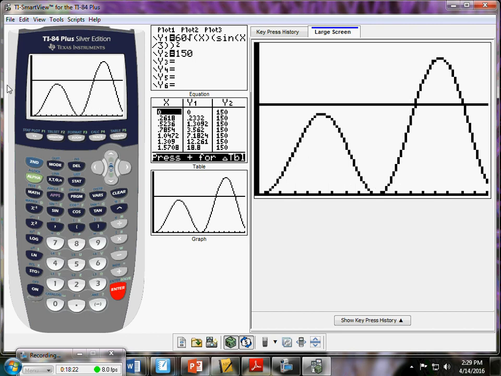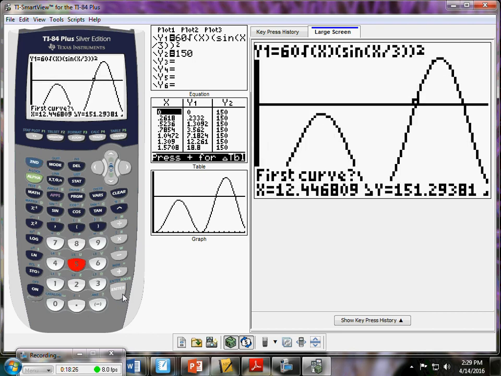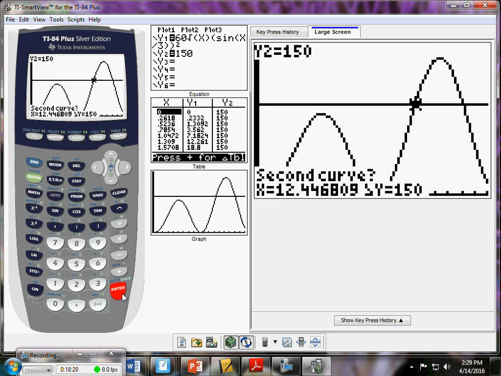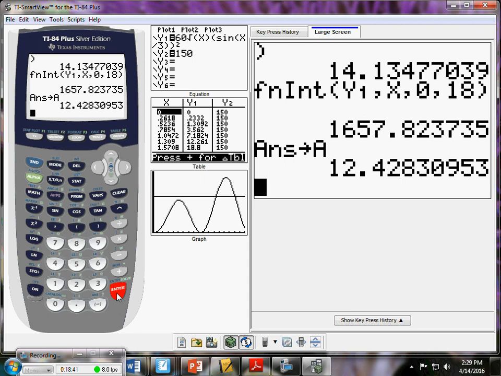Oh, I just lost it. I got to do it again. When you get your point of intersection, you leave the screen, second mode, and hit store alpha A. Enter. If you don't hit enter, it's no good.